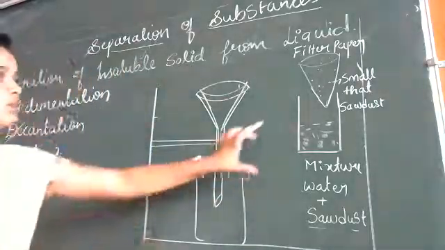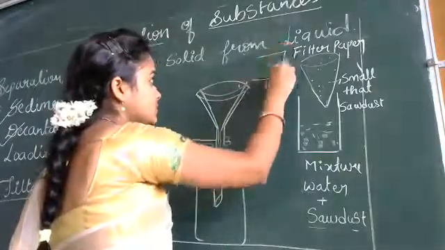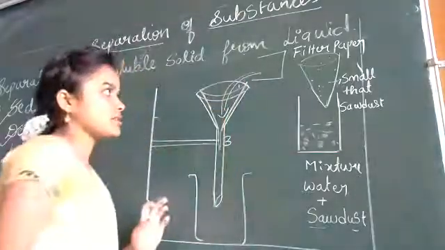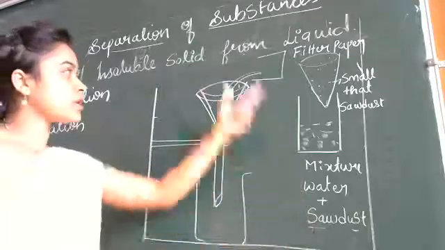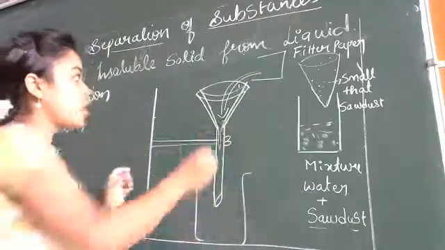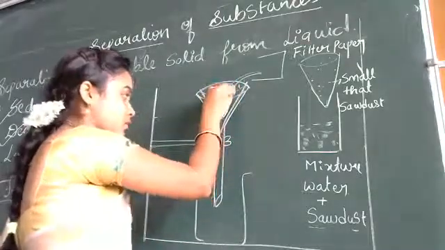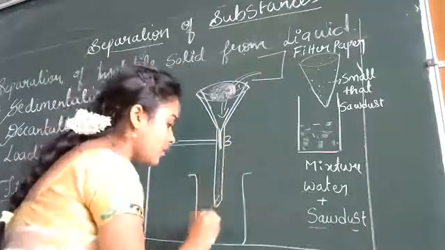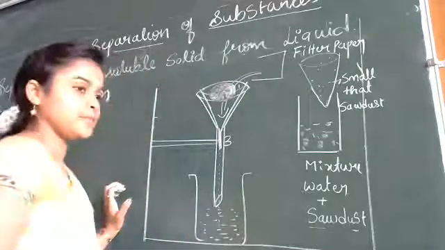Then we will use this mixture. Now we'll slowly add this mixture of water and sawdust into the funnel. What you observe is that the sawdust will remain here on the filter paper, and only the water will fall down and be collected in the beaker.